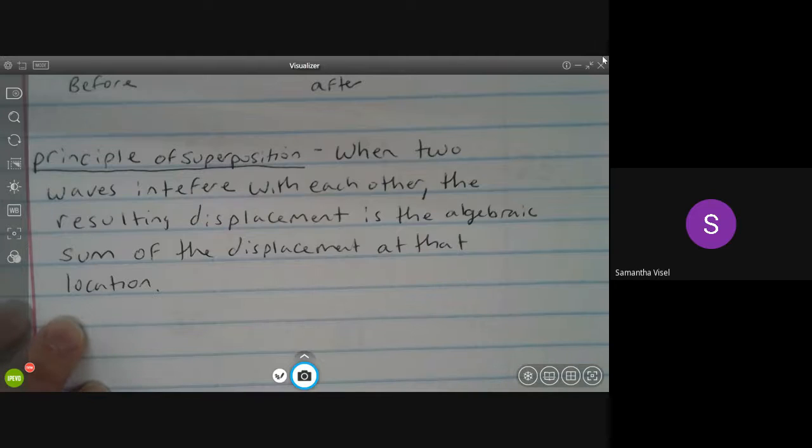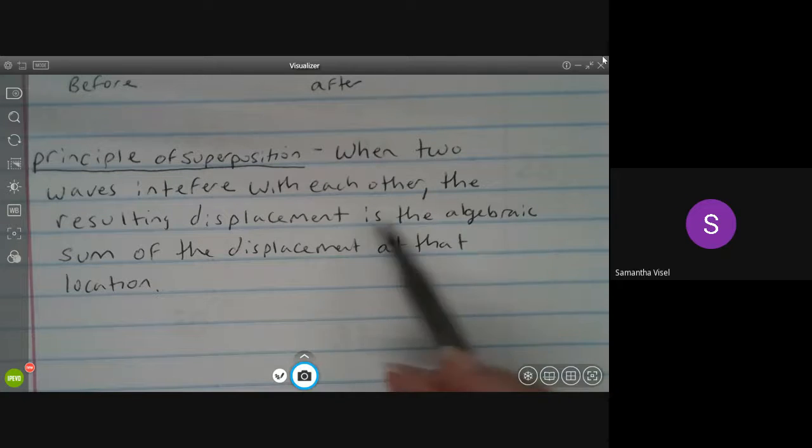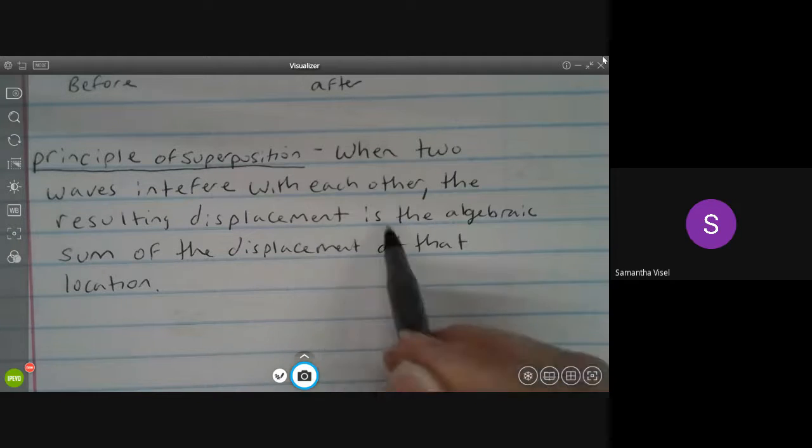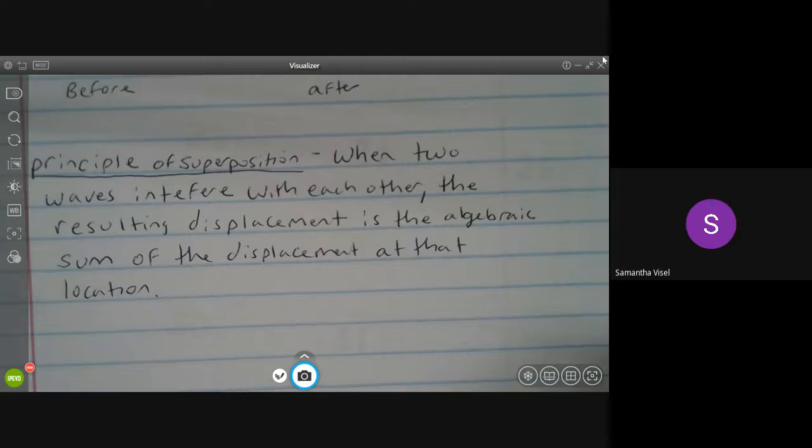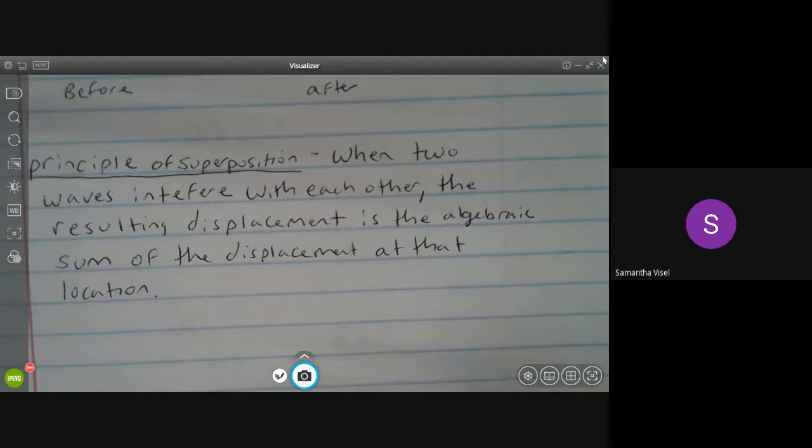What this is really a fancy way of saying is that when two waves interfere, we're going to add together their displacements. Now, remember displacement is a little bit different than distance. Displacement in this case is a vector quantity, so we can have positive and negative numbers based on position.